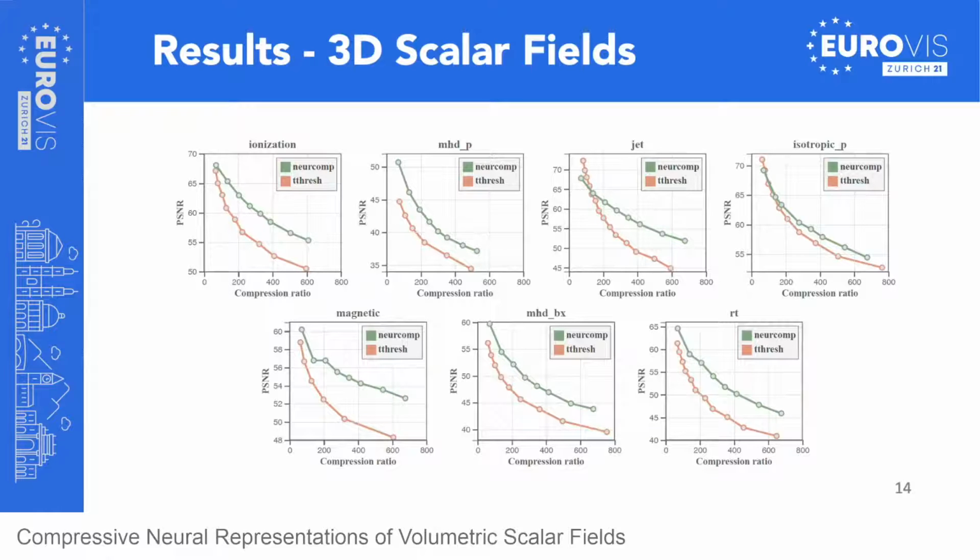For 3D scalar fields compression, we find that our method is largely an improvement over TTHRESH, with the only exception being the jet volume for low compression ratios. In particular, we found that our method obtains larger gains in performance in the high compression ratio realm. This suggests that when our networks are under-parameterized, they remain robust and can still obtain good approximations to the given scalar field.